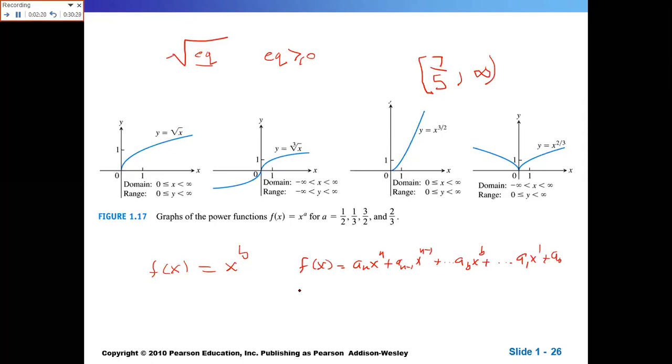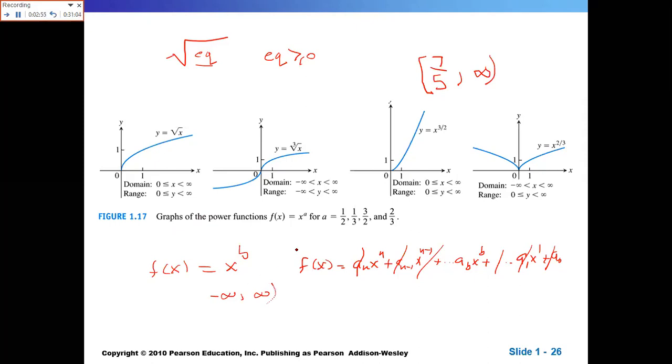If I want to get this one, that means I have to set all the others to 0 except this one. So this is a polynomial, but only one term is there. If you have anything of this kind, don't waste time. It's like a polynomial, and you just say the domain is between negative infinity and infinity, and you keep going.